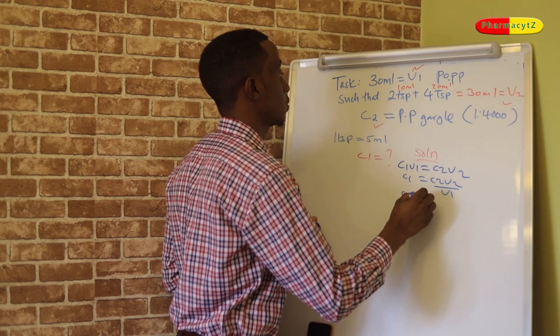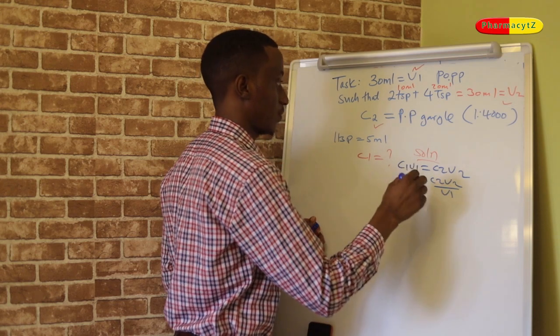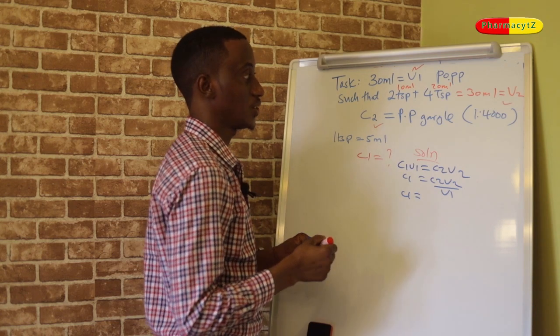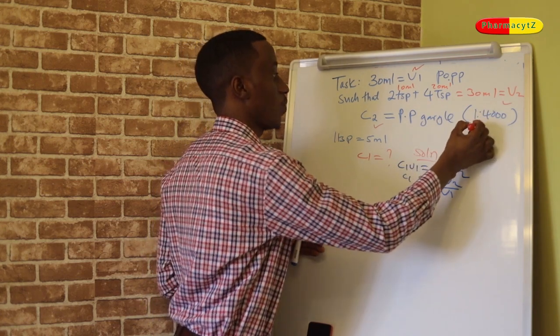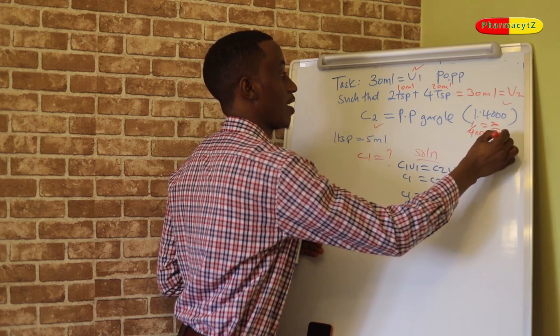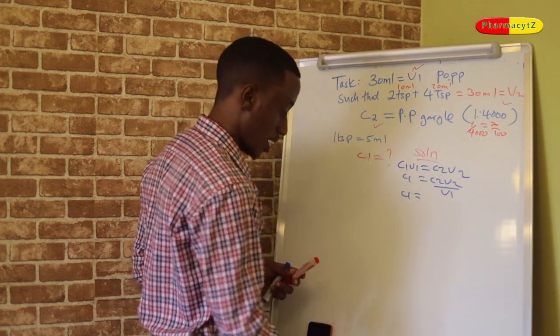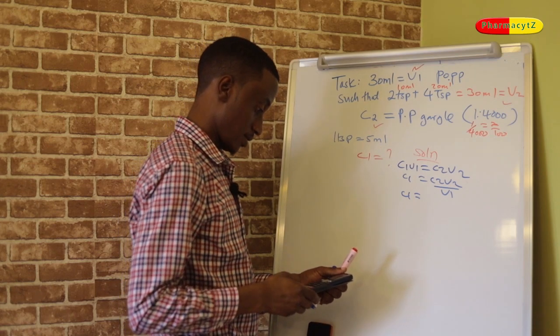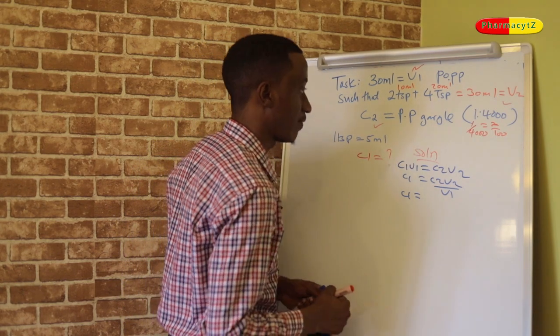Concentration 2 is 1:4,000. We can convert it to percentage strength. 1 in 4,000 is how much in 100? So 100 over 4,000, this is 0.025.